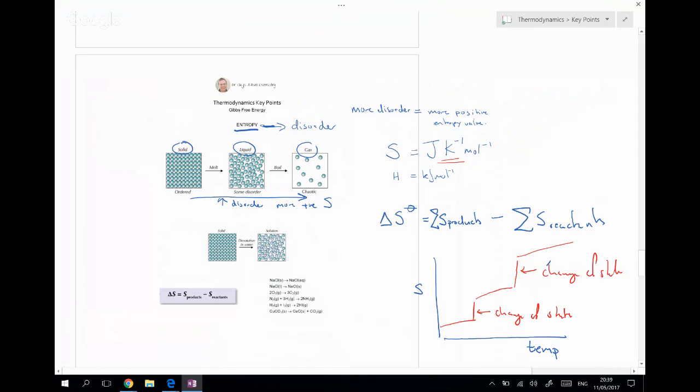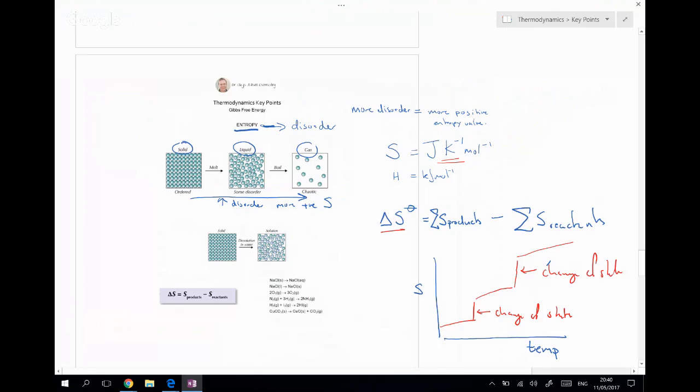Good question. What's the difference between entropy and entropy change? Entropy change is the difference between the products and the reactants, whereas an entropy value we can have for individual items within, let's say, the products or the reactants.